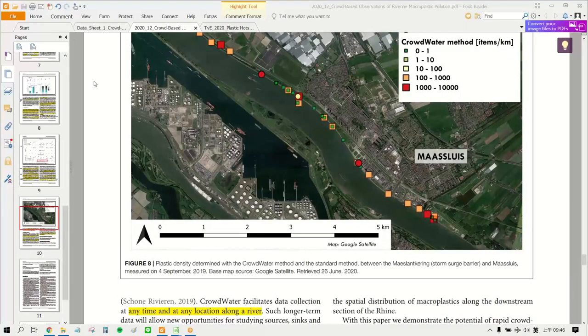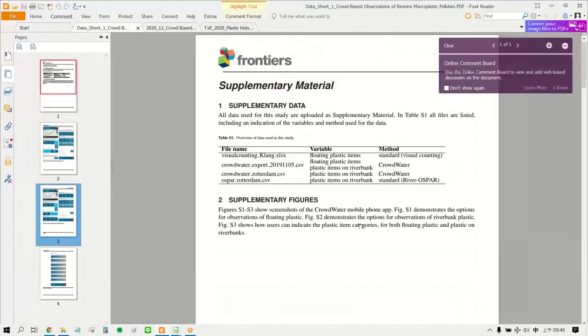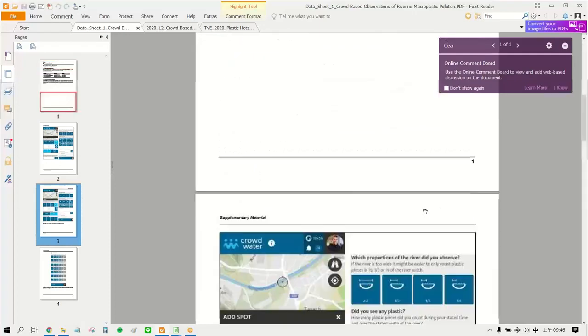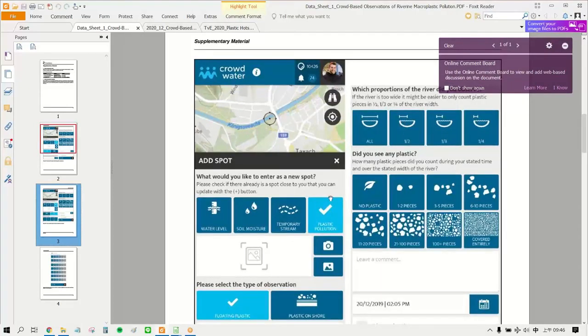Oh, we can go to the supplemental materials. They also have some figures here. And let me introduce the app first, I think. I already downloaded these apps. It's very easy for people to use a smartphone to download and install these apps.